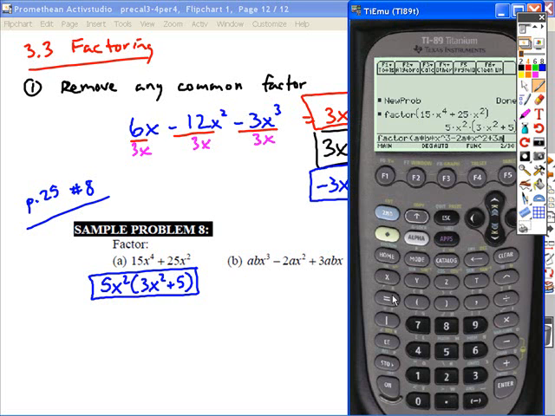Again, it understands the coefficient of 3, but you have to place a multiply between the b and another multiply before the x. Now if you enter it this way and you hit enter, it should confirm exactly what you got by hand, which is ax times the quantity bx squared minus 2x plus 3b.